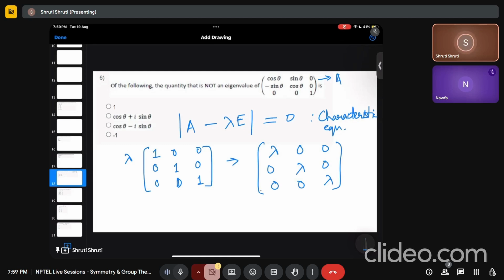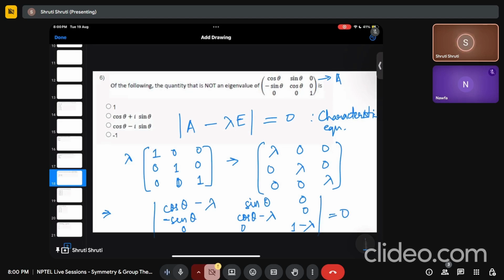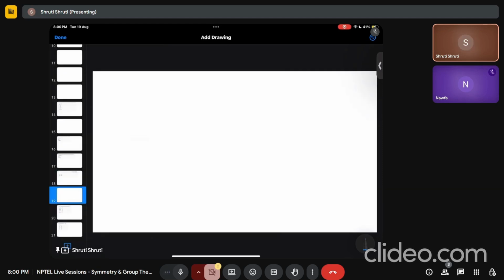Now you have to subtract this from A. Basically, you subtract lambda from the diagonal elements: one minus lambda. This you equate to 0. Now you find this determinant. Once you do that, you will get a cubic equation.